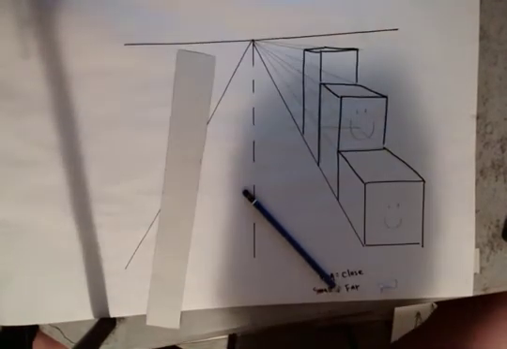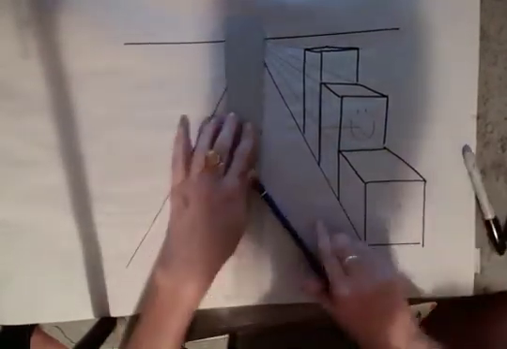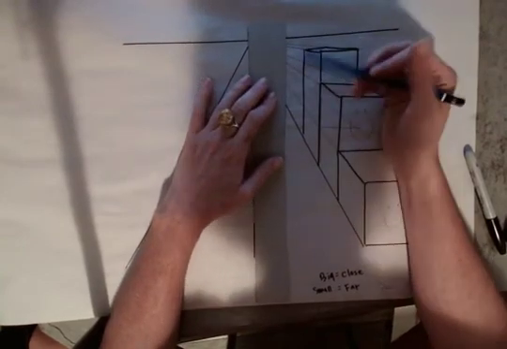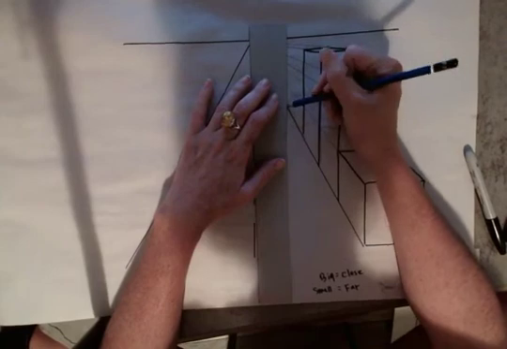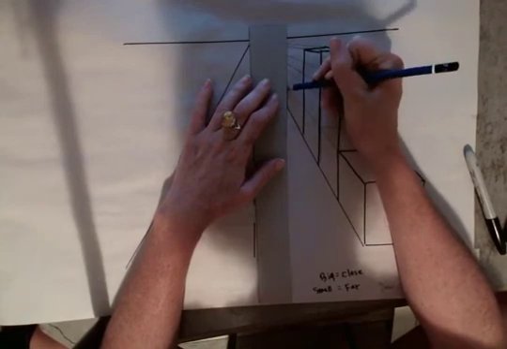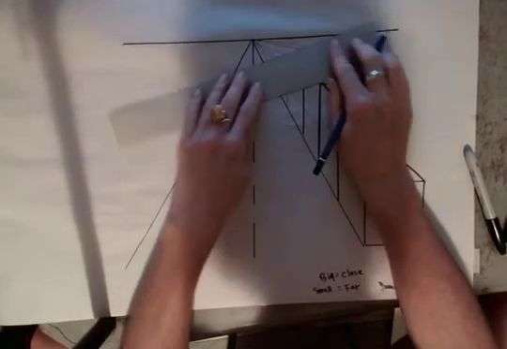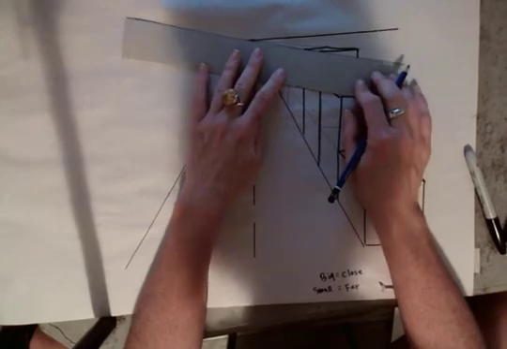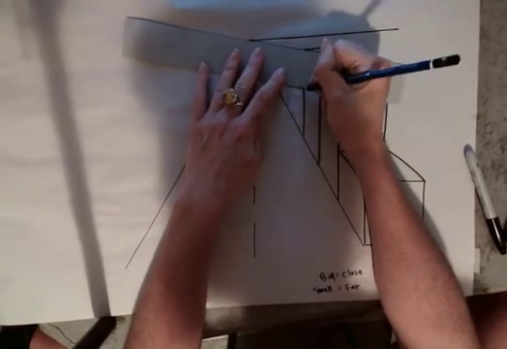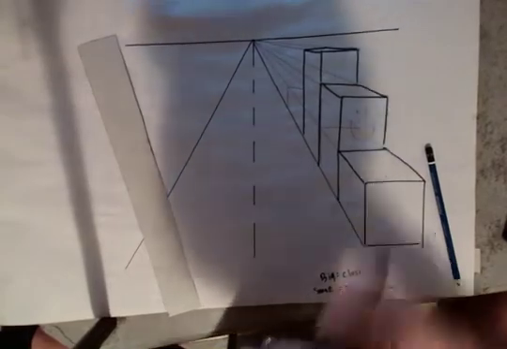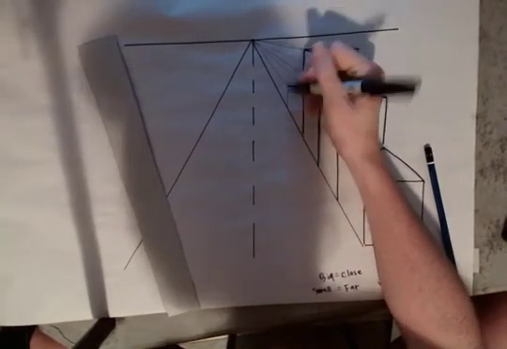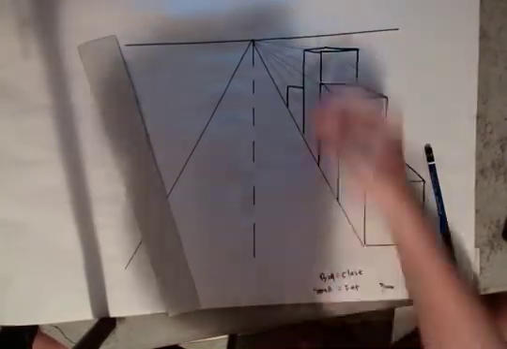All right, now I'll make a small building. And I would just do the vertical line here and the horizontal line for roof. And that's as much of that building as we would see. We wouldn't be able to see the face.